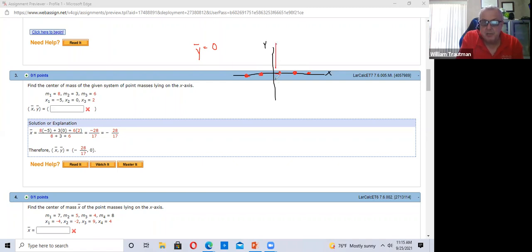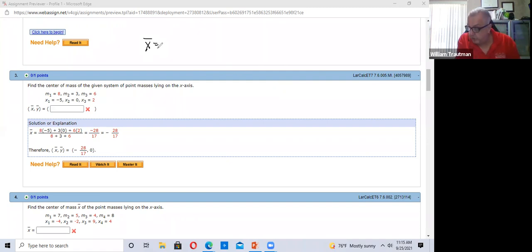It's the same distance for the Y. If it's on the x-axis, then Y equals 0. Any point on the x-axis, X is whatever it is, Y is always going to be 0. So the only thing we really need to do for number 3 is find this.